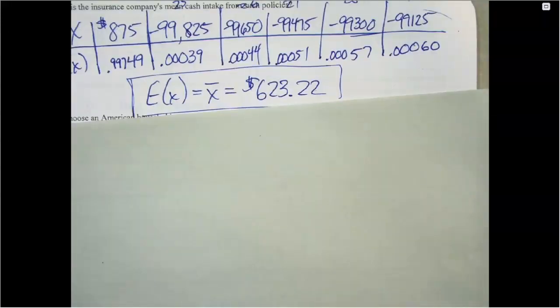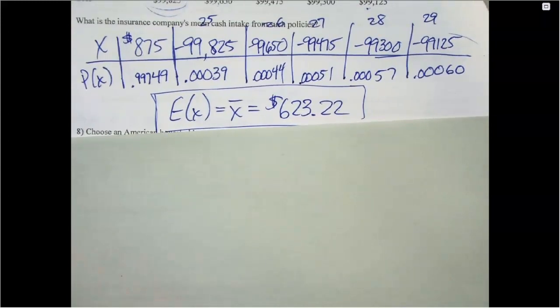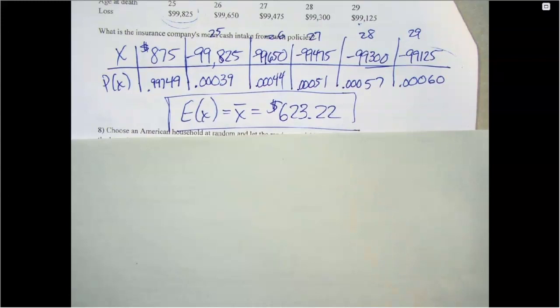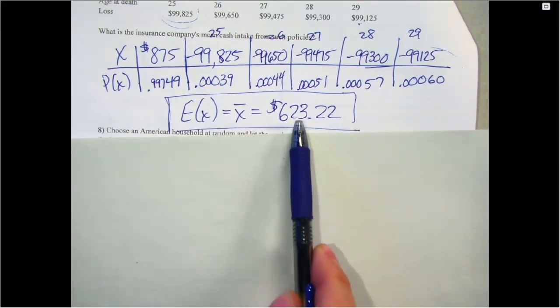So if you finish that chart and type it in, you should get $623.22. So is the company over the long term going to profit over this scenario? Yeah. They expect to make this much. Now, can they? Again, we talked about this yesterday. Is it possible that on any one person they'll make this amount?